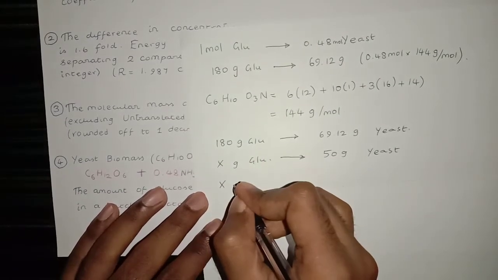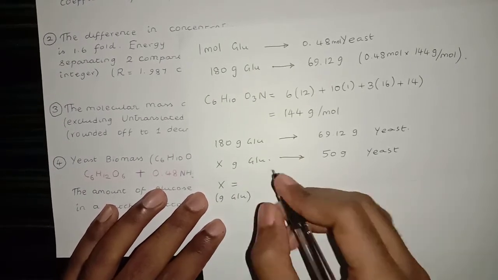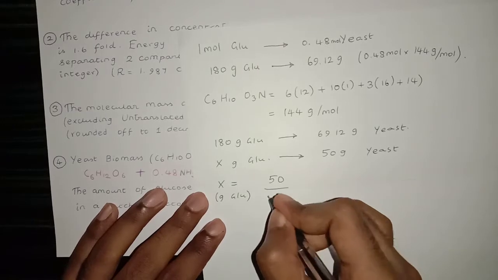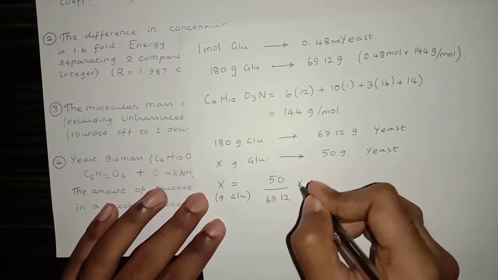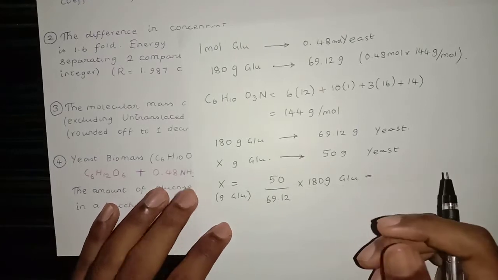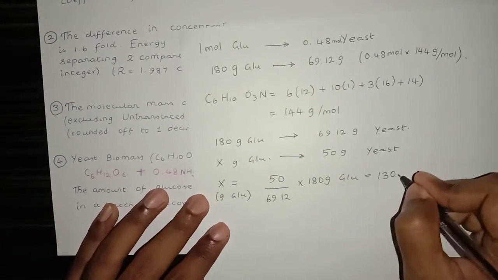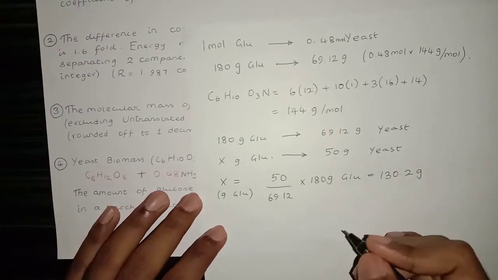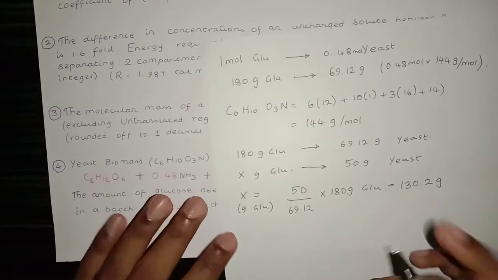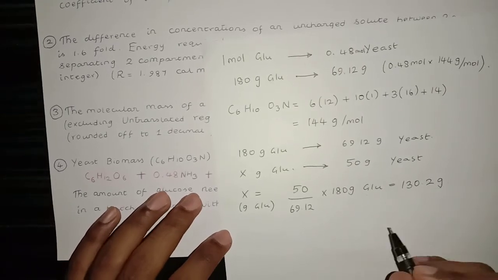Therefore x grams of glucose can be found by 50 over 69.12 times 180 grams of glucose, which is equal to 130.2 grams of glucose. So nearly 130 grams of glucose is required.